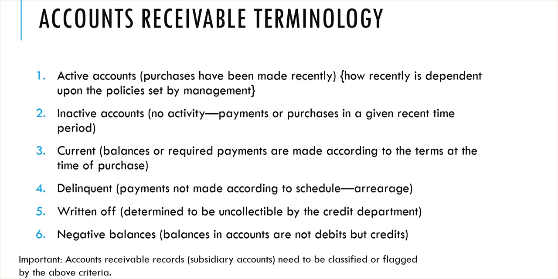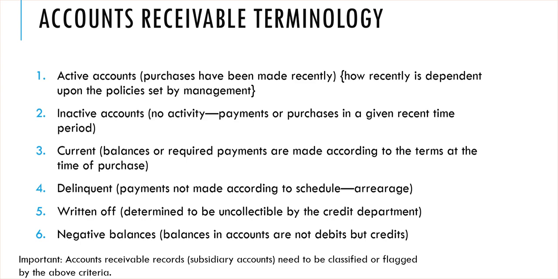If you are talking about new purchases being made, we would hope that these customers would be those that are current, that have balances or required payments that are being paid off as they should be paid. Usually it's within 30 days of the purchase. Delinquent ones, they're not paying. Would we want to make more sales to them?